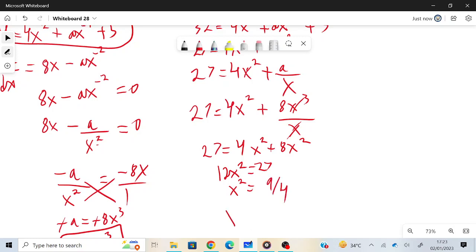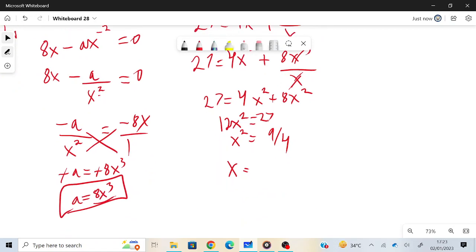And x will now be the square root, plus or minus again, of 9 over 4, and that should give me 3 over 2, but let's confirm. 9 over 4, yeah, gives me plus or minus 3 over 2.